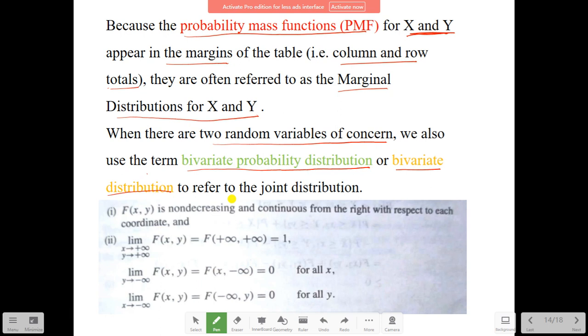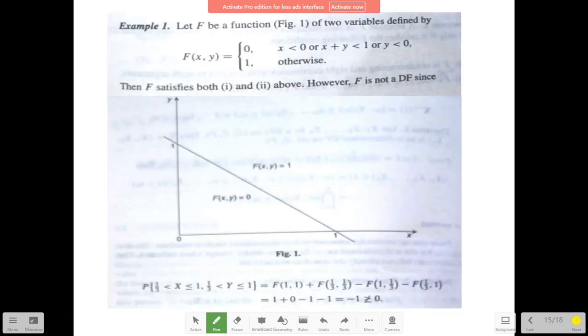That is, when two or more random variables are involved, such a problem is known as a multiple random variables problem. So here I am taking a question related to distribution function.